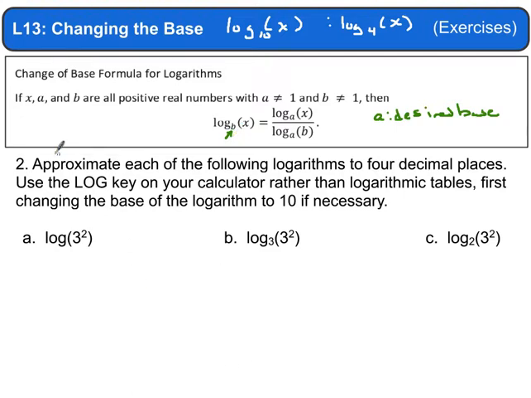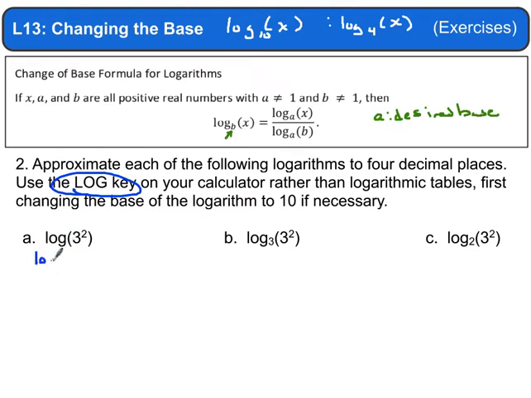So if I look at the first one, it says number 2, and we're starting with exercise 2. It says approximate each of the following logarithms to 4 decimal places. Use the log key in your calculator rather than logarithmic tables. First, changing the base to log base 10 if necessary, right? So here we can see this is already a log base 10, right?